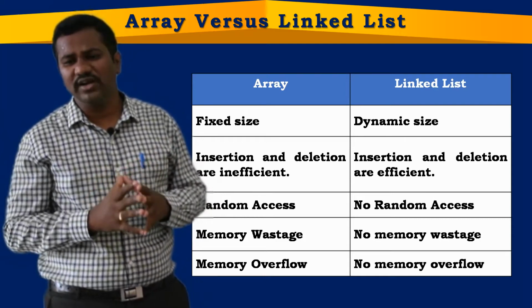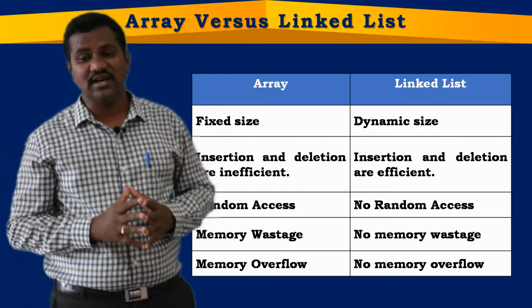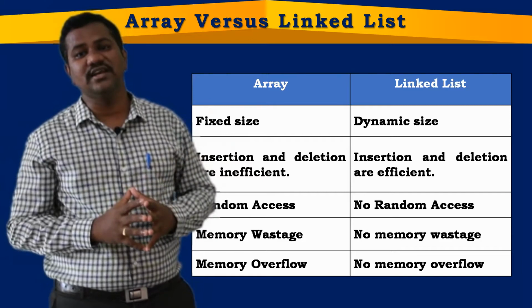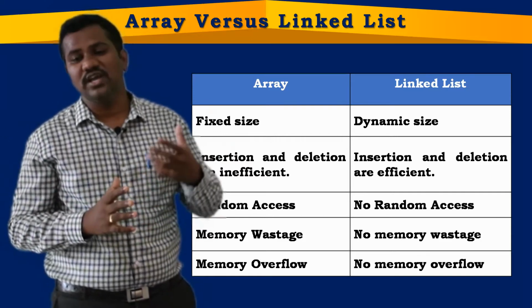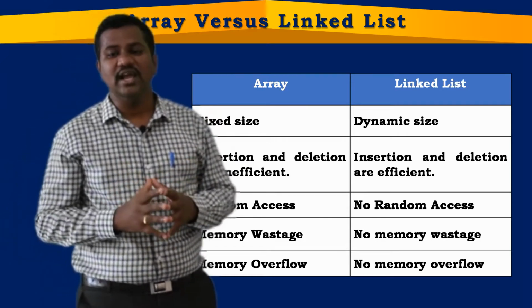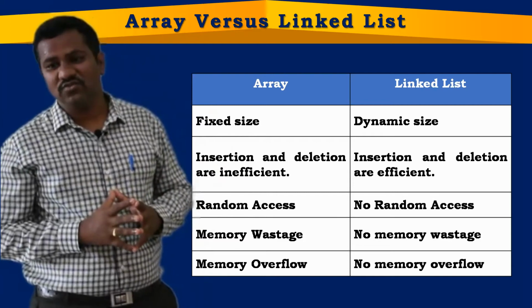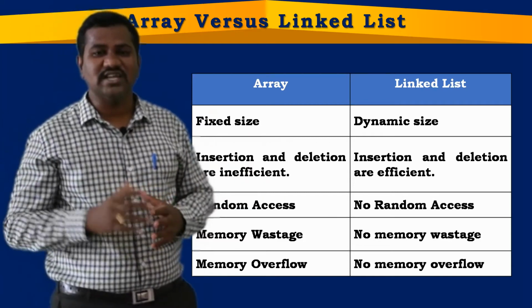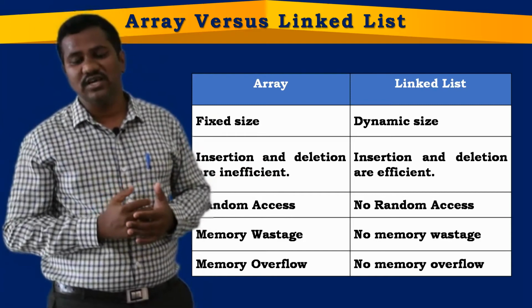The memory is allocated for 100 elements, but we are storing only 20, so the remaining 80 elements' memory is wasted, and that is how memory wastage happens in arrays. Whereas in a linked list, as per the input given by the user or the programmer, the memory is allocated for the elements.